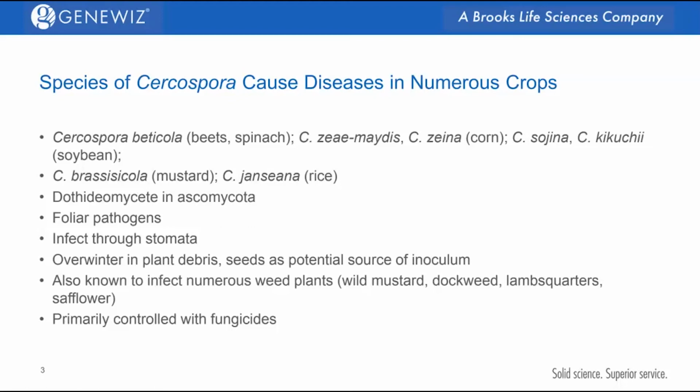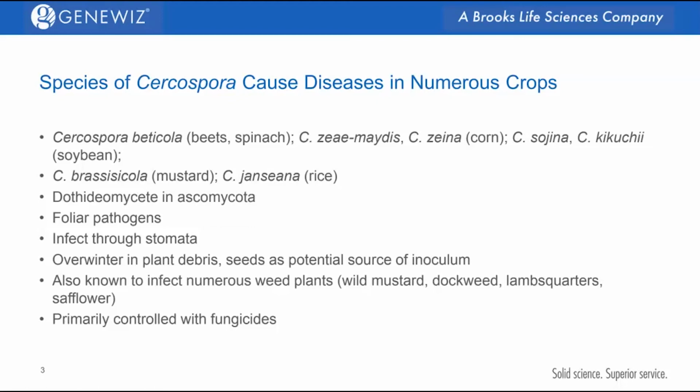Now Cercospora belong to class Dothideomycetes in the big phylum Ascomycota, which is one of the biggest phyla in filamentous fungi. Cercospora are basically foliar pathogens, so they mostly infect the plant via the leaf. We still don't know if they infect through stem or roots yet.